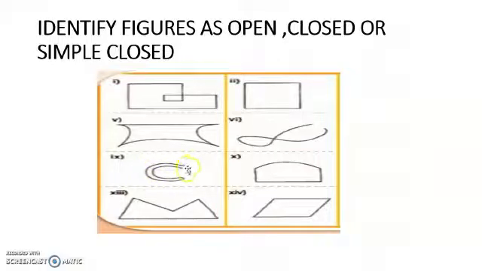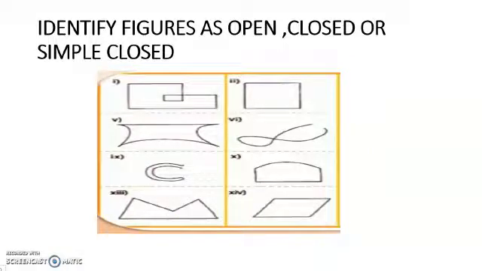You can see the opening here. So this is an open figure. This is again a closed figure. You can see here this is intersecting, but it has an opening. So it is called an open figure. And here simple closed figure. Here also simple closed figure. So I hope you have got all these points very clear in your head.